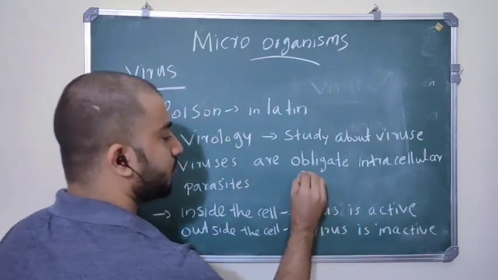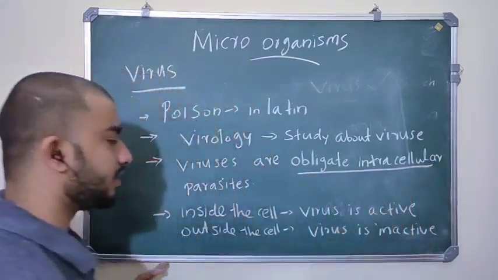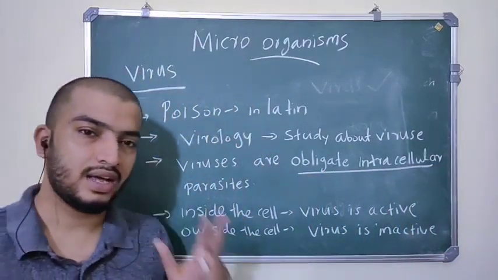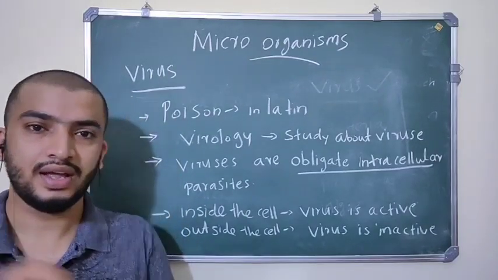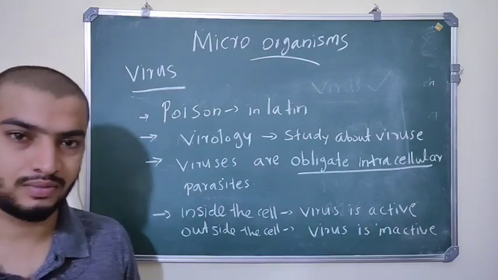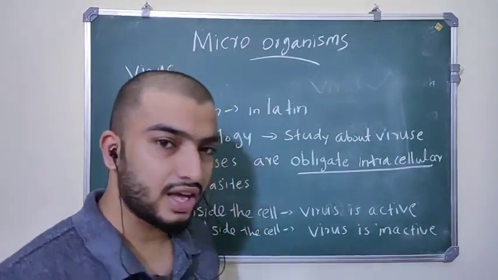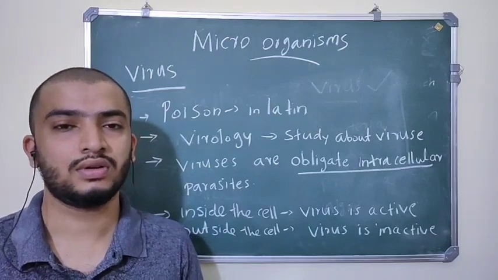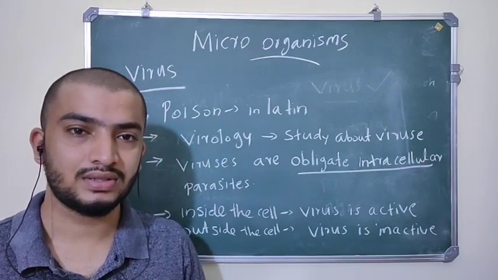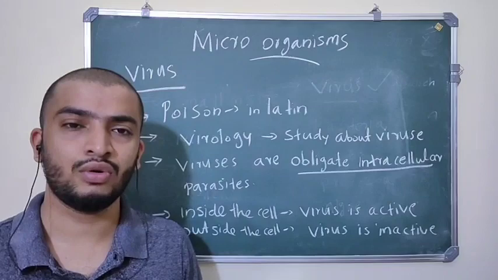So they are obligate intracellular parasites, meaning they are active inside the host cell and inactive outside the host cell. If they are inside the host cell, then only they can do their functions. They make their copies and take all the machinery of the host cell.